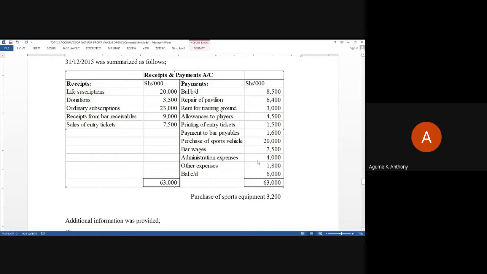Then bar wages 2.5, that is fine. Administration expenses 4 million, that is okay. Other expenses 1.8, that is okay. Balance carried down 6 million. So you add purchase of sports equipment within the payment section.